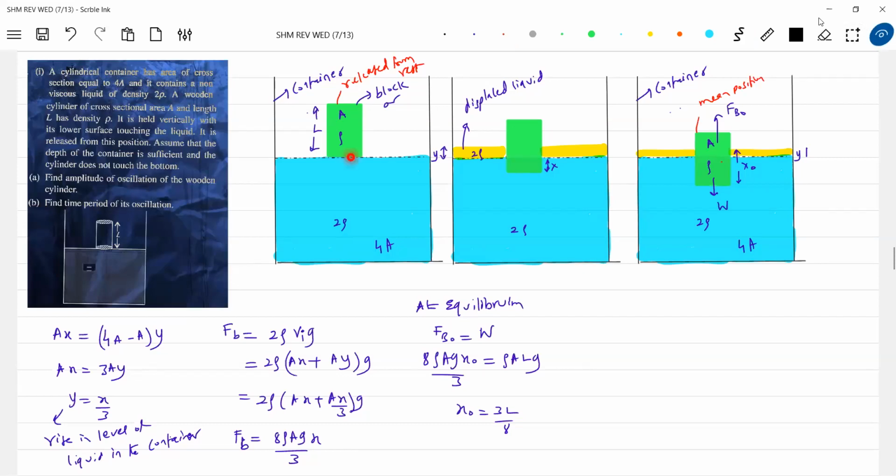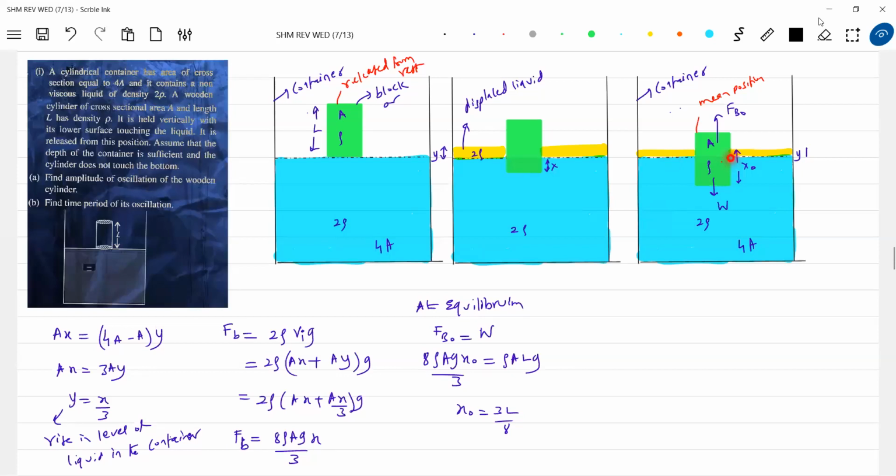So what is the distance moved by it from this extreme to the mean position? Shall we say amplitude? Am I right? Will you agree, all of you?